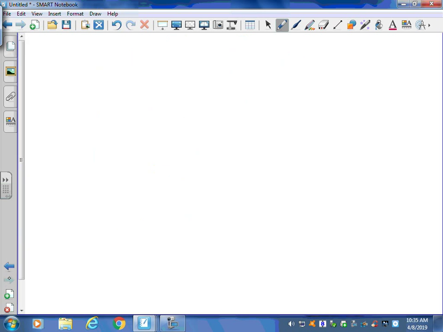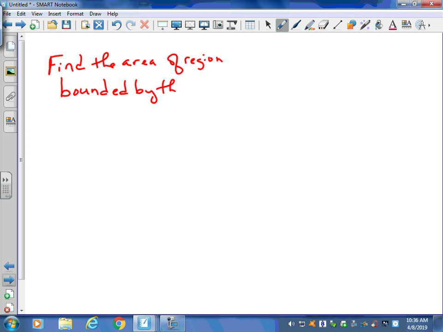All right. This question says to find the area, and I only have one of these because it's pretty simple. So it sounds like the directions we've seen before. Find the area of the region bounded by the graphs of the equations.